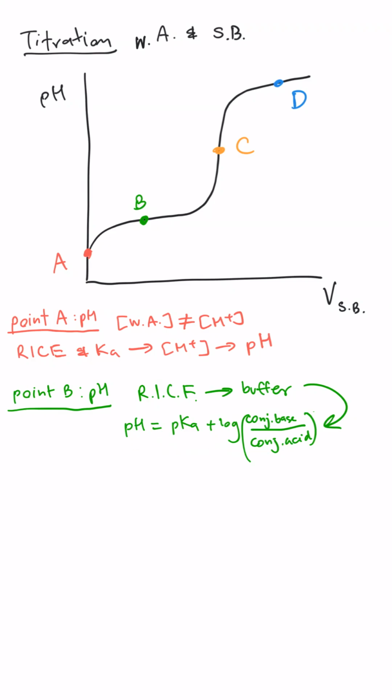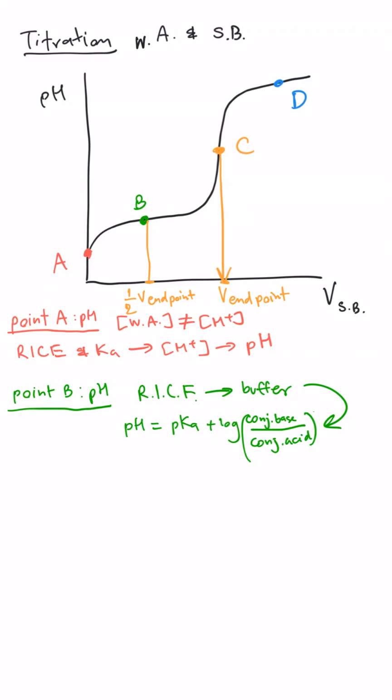And at this point, if you trace the volume at the equivalence point, which is point C, this volume is the volume of the endpoint. Half of this volume is 1/2 of the volume of the endpoint. For example, if the endpoint is 100 milliliters, half of the volume would be 50 milliliters.